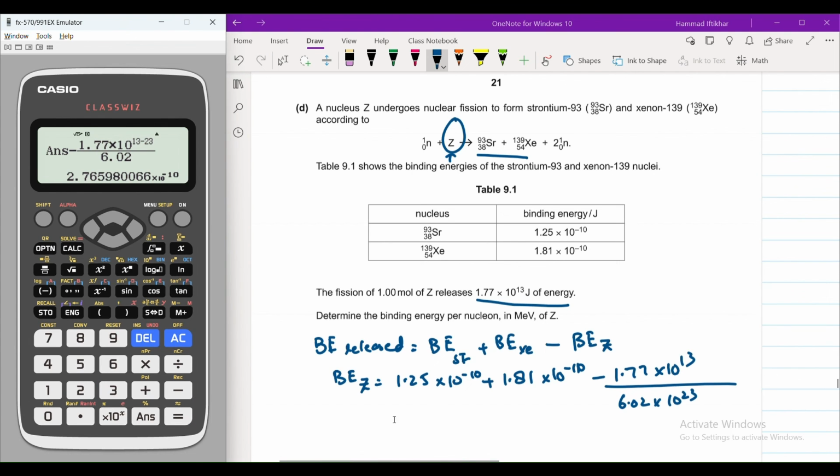So we get the total binding energy is 2.76 times 10 raised to power minus 10 joules.